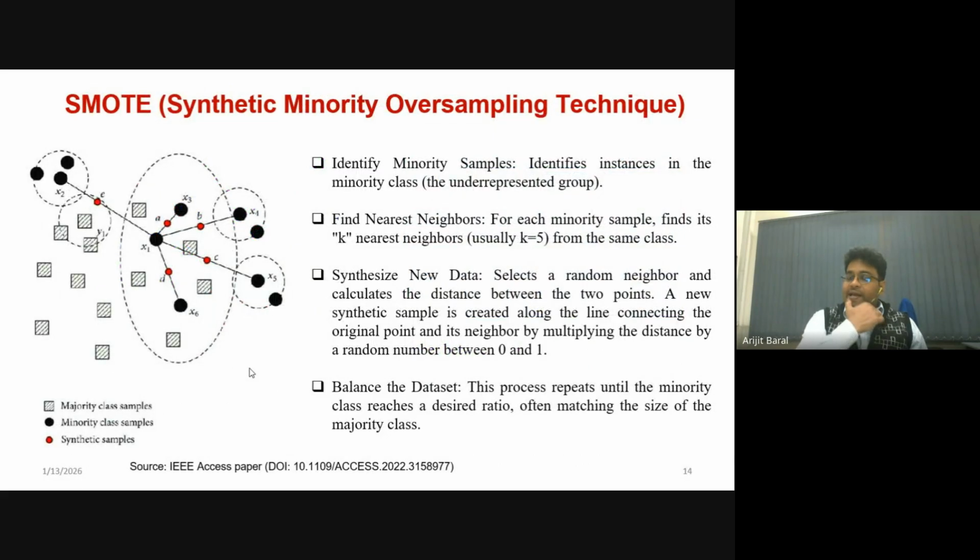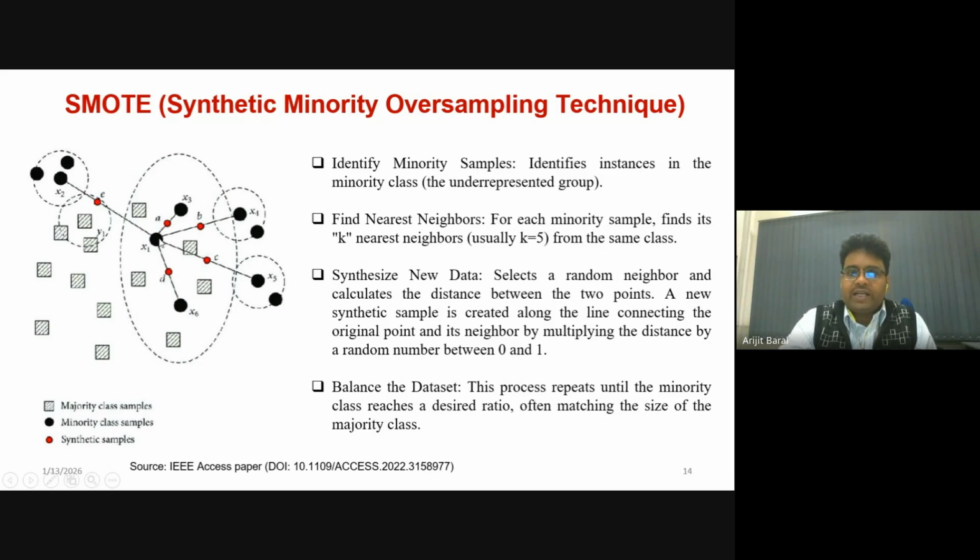So what it does, it first identifies 2 nearest neighbors for the class which has a lower number of samples. And then, for example, if you consider x1 and x3 over here, it synthetically creates this synthetic data point shown over here by the red dot and marked small a.